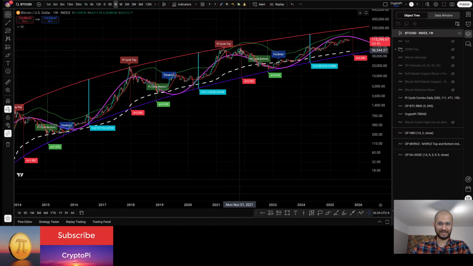The end of the rally, or the cycle high, was at this point, and this is officially the all-time high for the cycle in 2021. Although a lot of indicators mark this one as the cycle top.